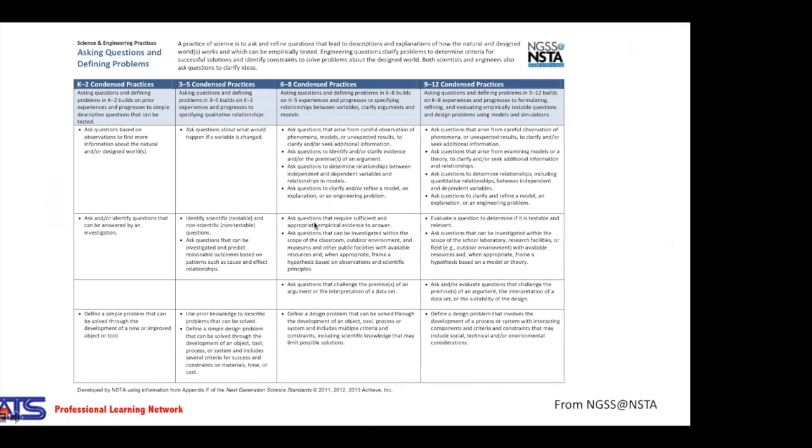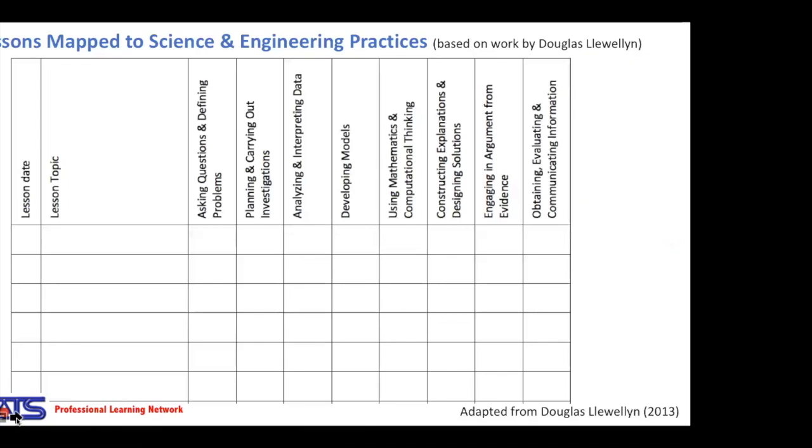Are students asking questions that require sufficient and appropriate empirical evidence to answer? So I go through and check that, across several weeks' worth of lessons, and see where my strengths are and where there are gaps in what I'm currently doing. That might be a way to start if you feel overwhelmed by the EQUIP rubric or by RTOP.